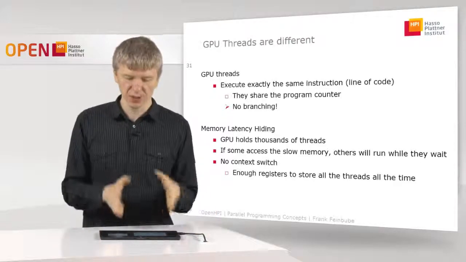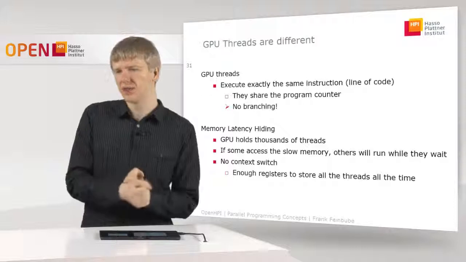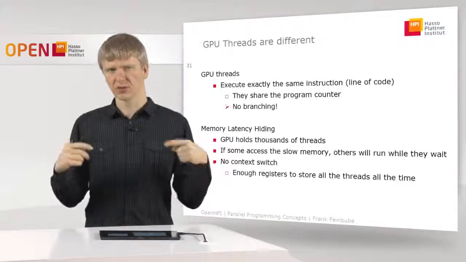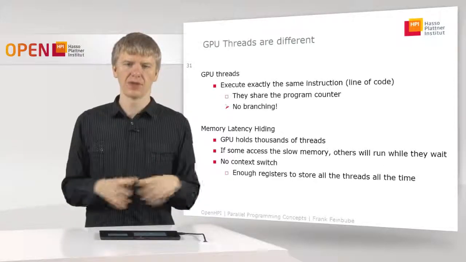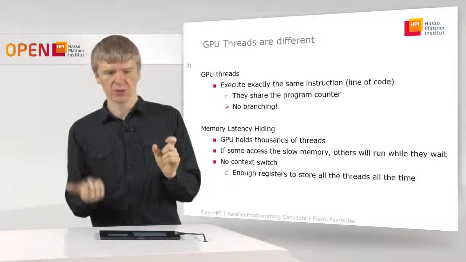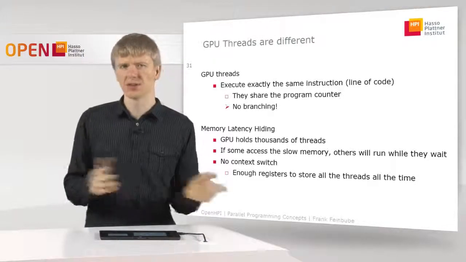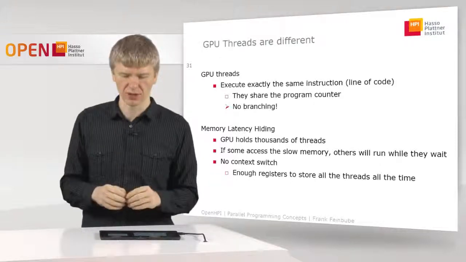So you really can store a lot of threads at the same time, and context switching, since they do not have a program counter and they are all at the same position, and since they share the cache anyway, all you would have to store would be the registers, and they are already there. You don't need to put them somewhere in the memory, because they are on the GPU already.